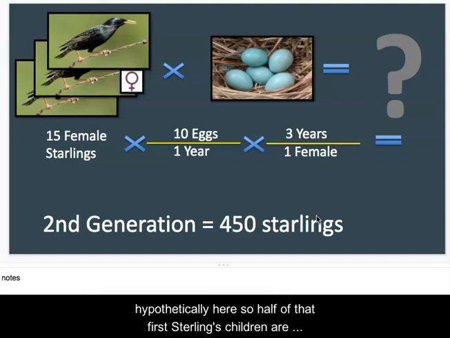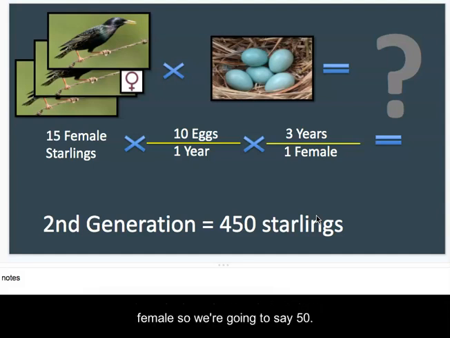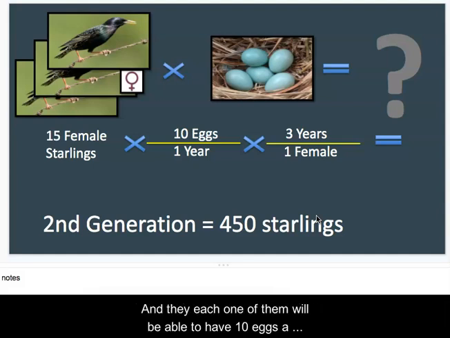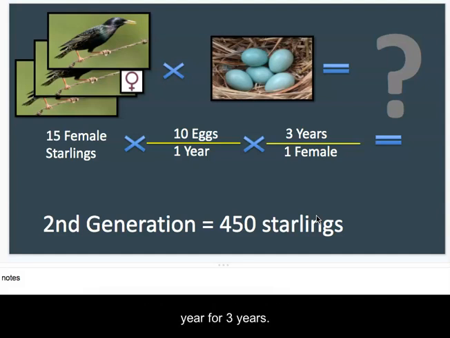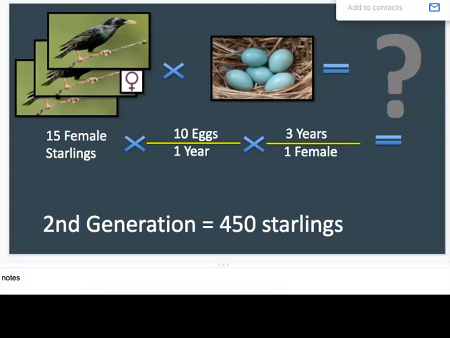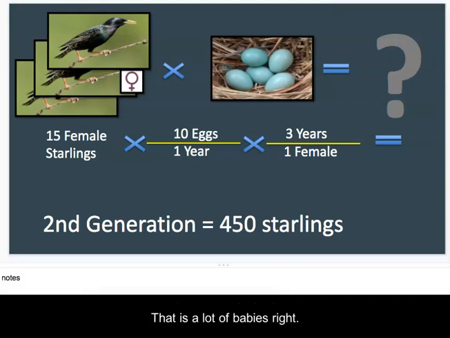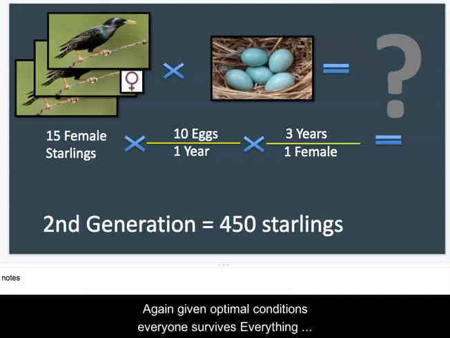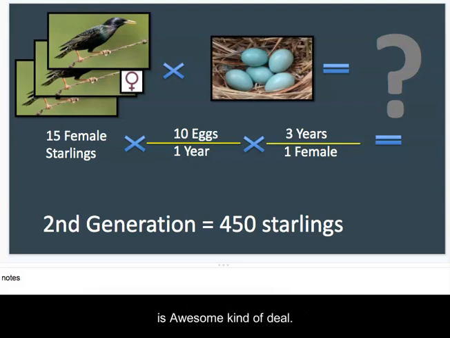So half of that first starling's children are female, so we're going to say 15. And each one of them will be able to have 10 eggs a year for 3 years. So that means the next generation is 450 starlings. That is a lot of babies, right? Again, given optimal conditions, everyone survives, everything is awesome.